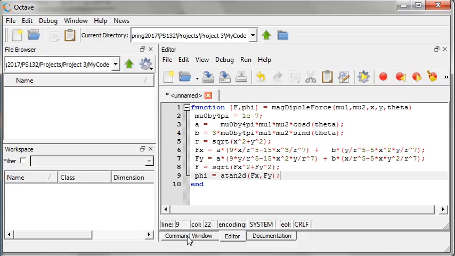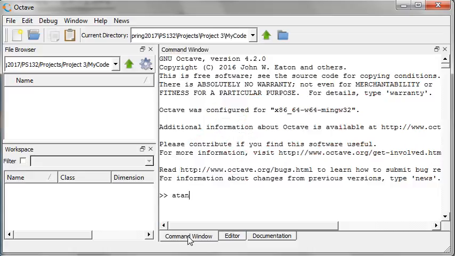So to me, a tan 2d of 1 comma 1 should be 45 degrees. A tan 2d of minus 1 comma 1 should be 135 degrees, 90 plus 45 degrees.